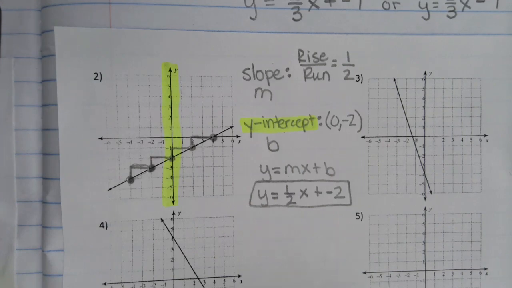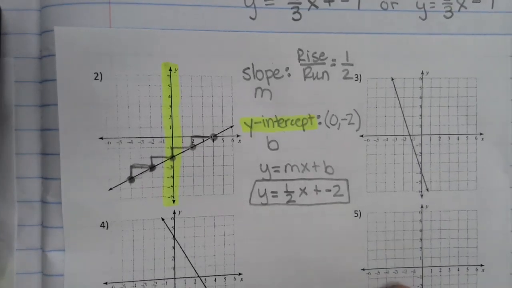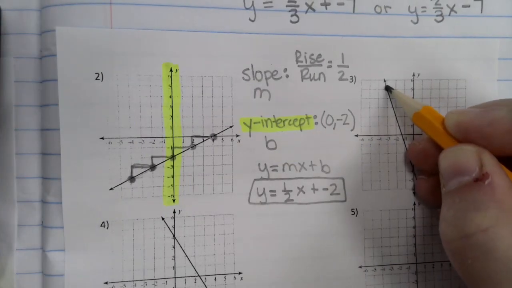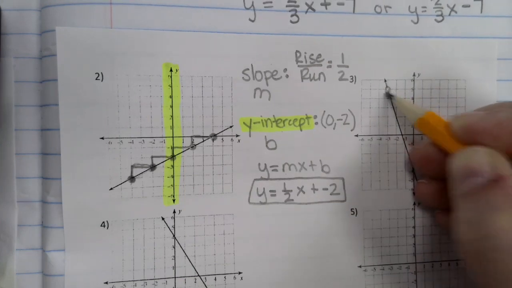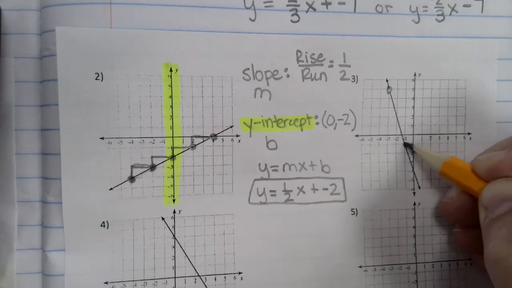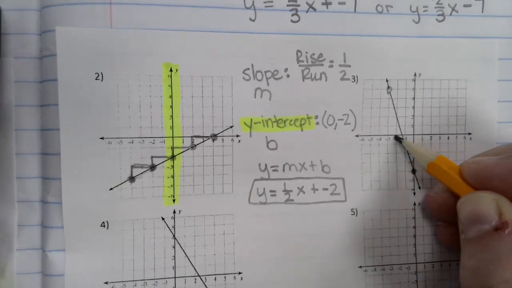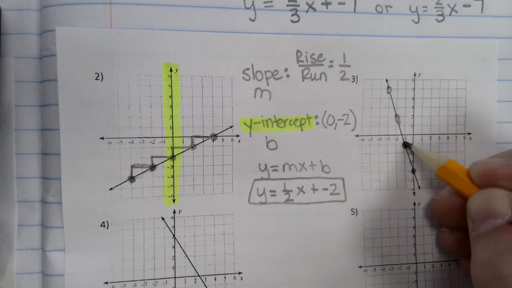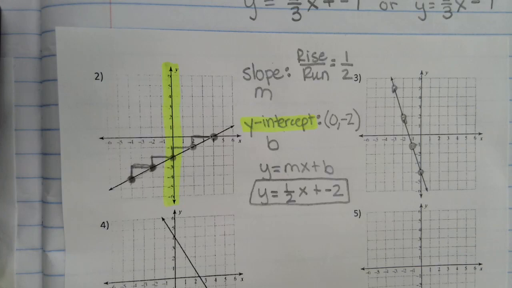All right, for number 3, again, we're going to start by finding ordered pairs here. So as I follow that line, -4, 0, 0, -4. -1, -1. Crushing it, Q. Good job.